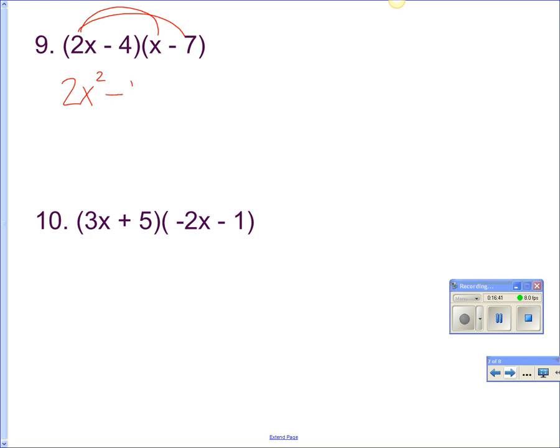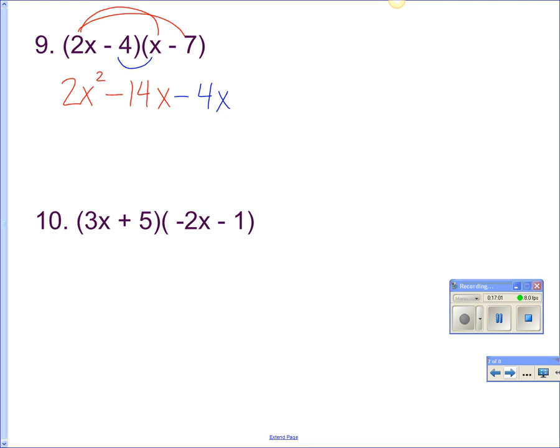So it's going to be negative 14x. Okay. Tamara, what do I do next? Which is? How do I write it? Positive or negative? Negative 4x.